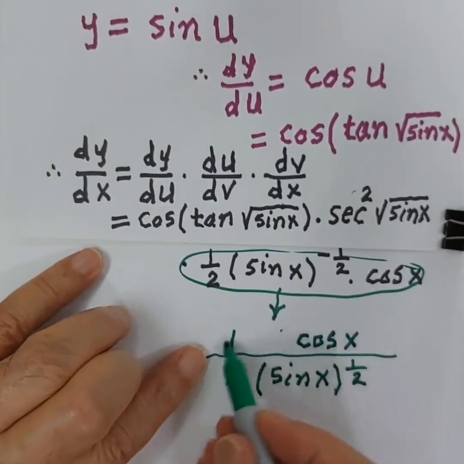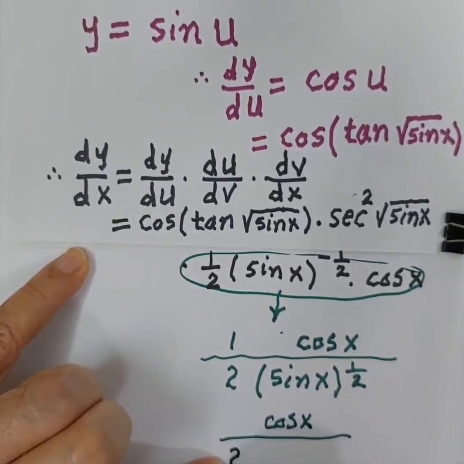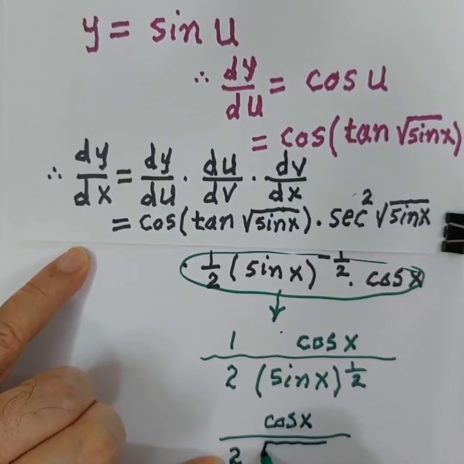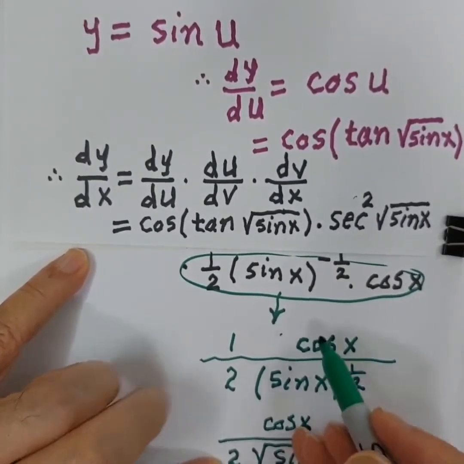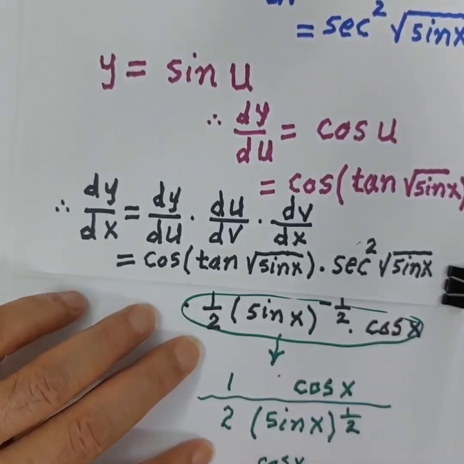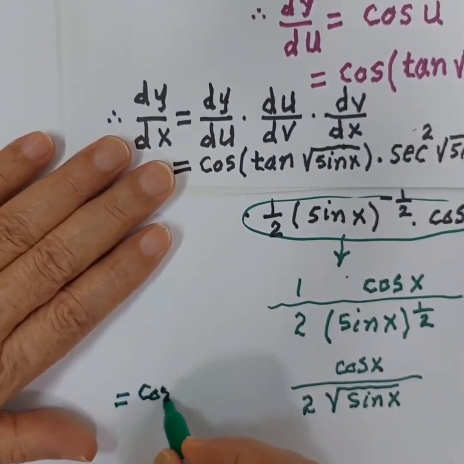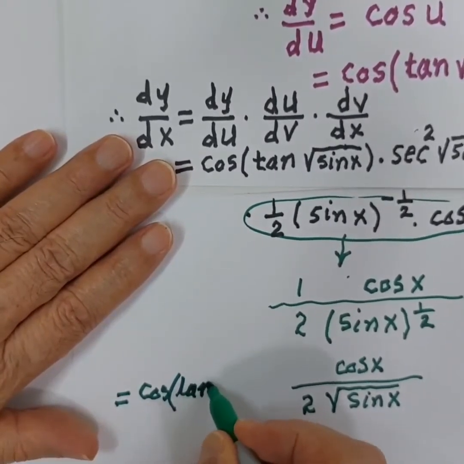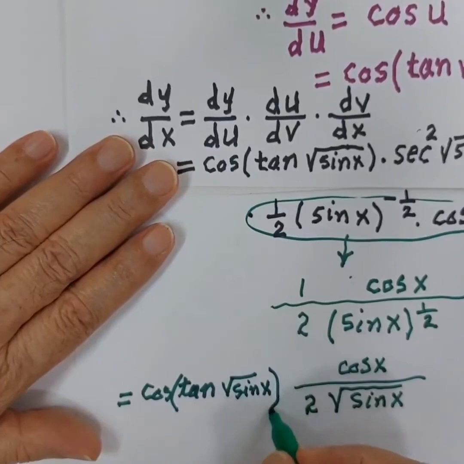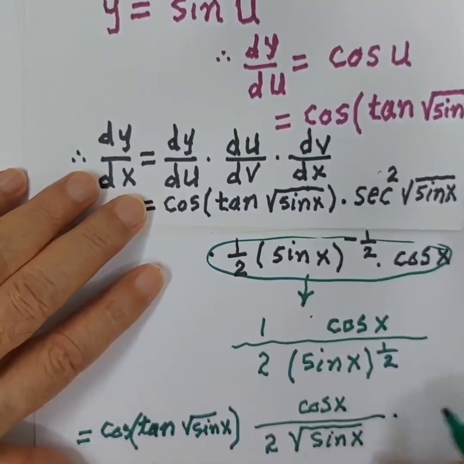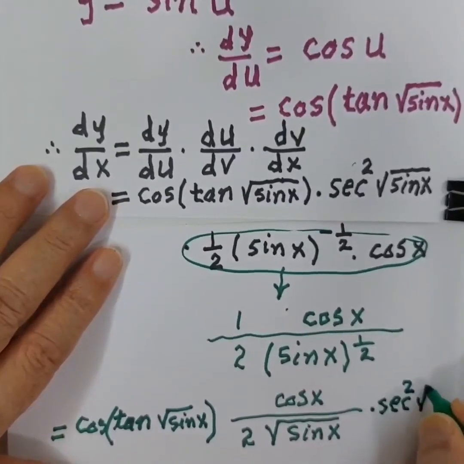And again, this will be simplified also to be cosine x over 2 square root of sine x, because the power half means square root. And the other values we write them: cosine tan square root of sine x times sec square root of sine x.